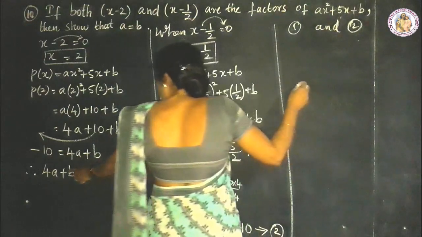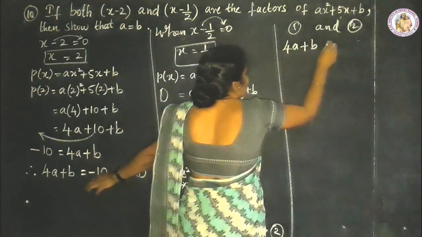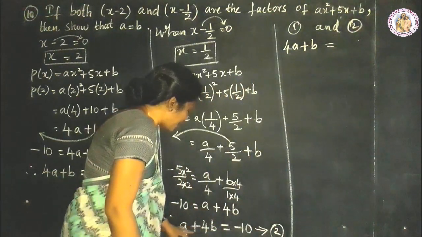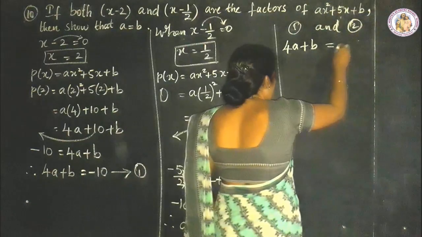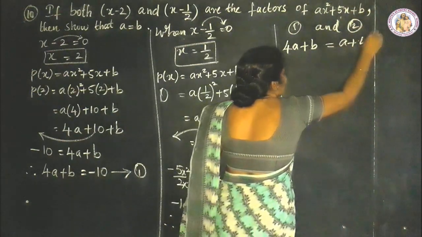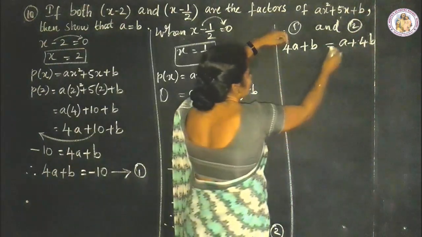Equations 1 and 2. So 4a plus b, leaving minus 10, 4a plus b, and here a plus 4b is equal to minus 10. Both are equal, so we can leave minus 10: a plus 4b. First and second equation.